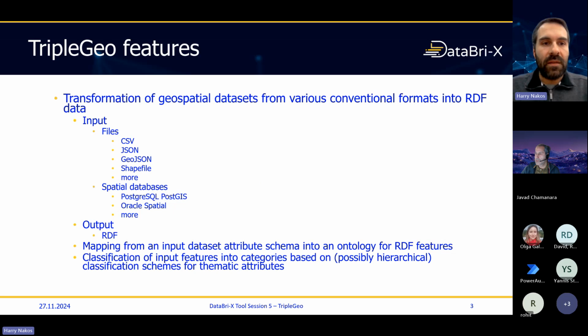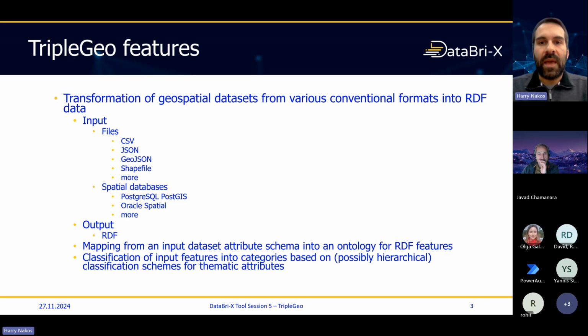For the former part, the input that TripleGEO may receive could be in CSV, JSON, GeoJSON, shapefile, and more formats that we will be seeing also later. TripleGEO can also take input from spatial databases like the PostGIS extension of Postgres, Oracle Spatial, and more. The output in all cases is RDF.